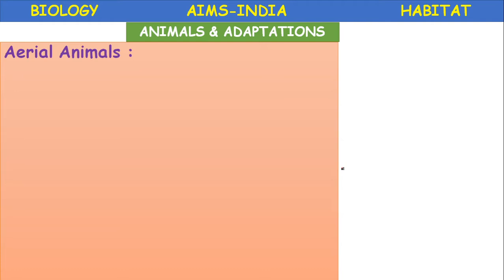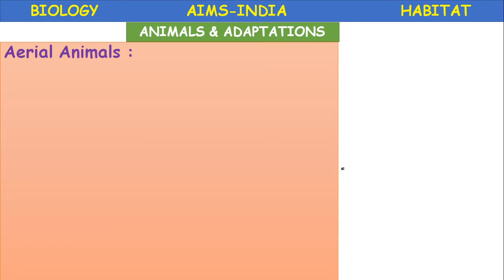Some main habitats we can discuss. So here, beside habitat, in this lesson we are going to discuss more about the adaptations of the animals living in different habitats. So first, aerial animals.